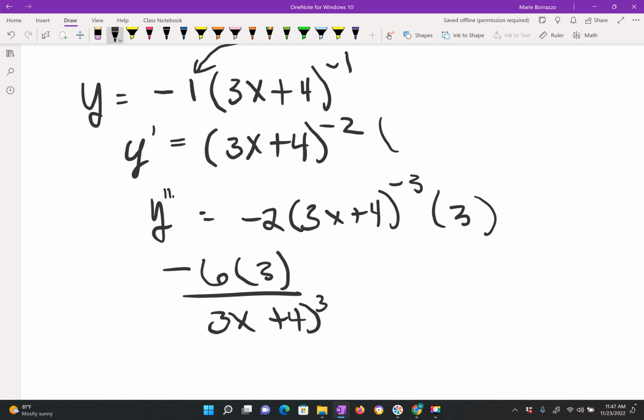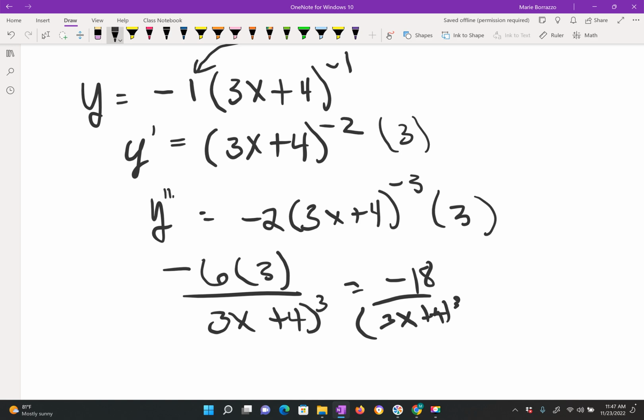I think I missed the 3 here. That's what it is. Yeah. And so we end up with -18 over 3x plus 4 to the third. Let's see what the answer choices are.